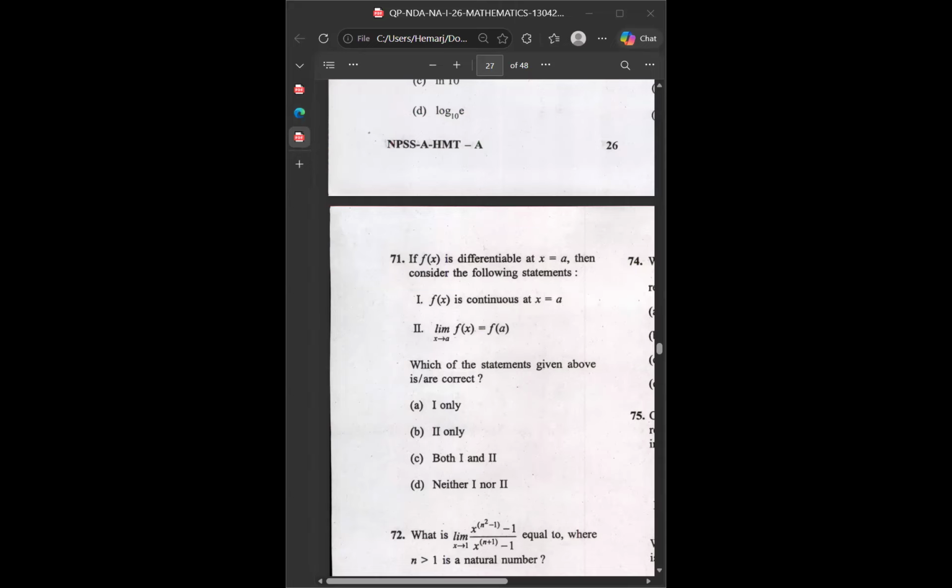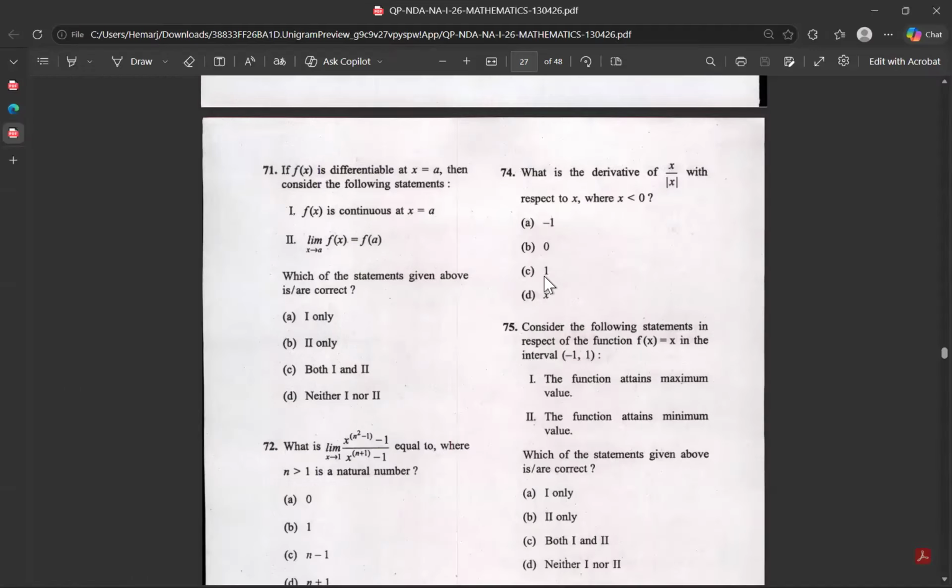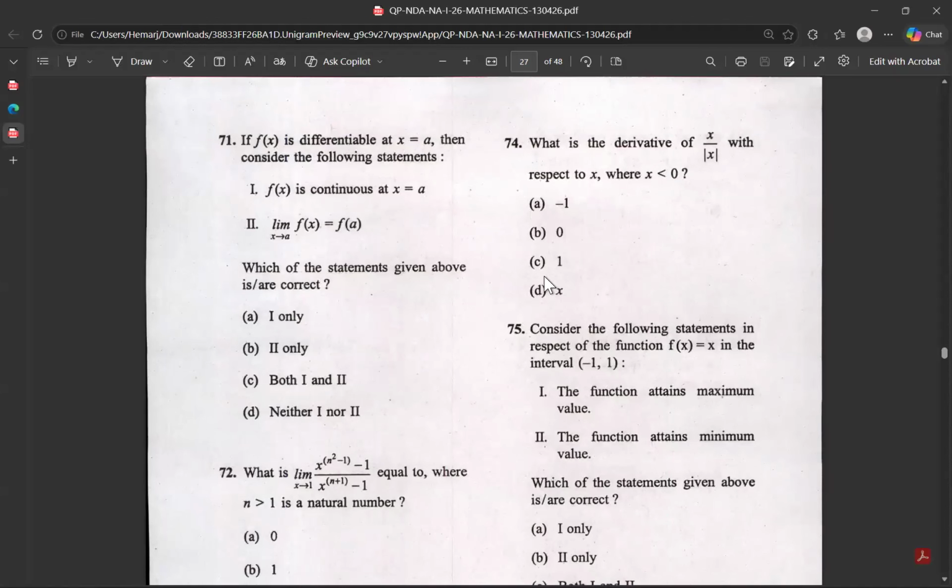Okay, so today we are going to start the solution of ND1 2026 mathematics paper. As there were total 120 questions, we will start it part wise. Today we are going to cover the calculus questions.